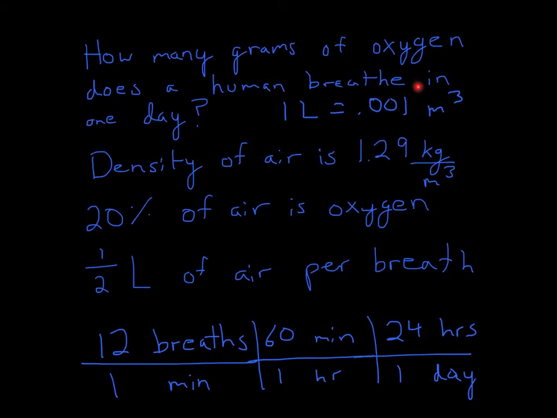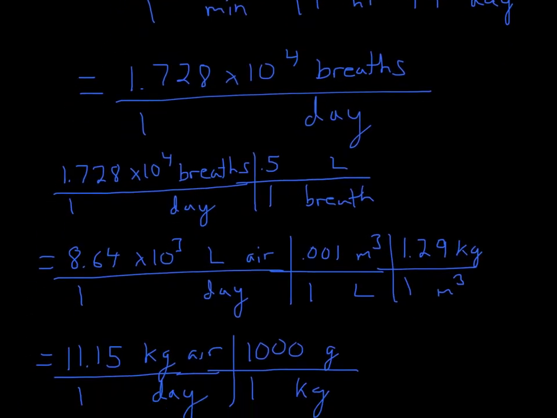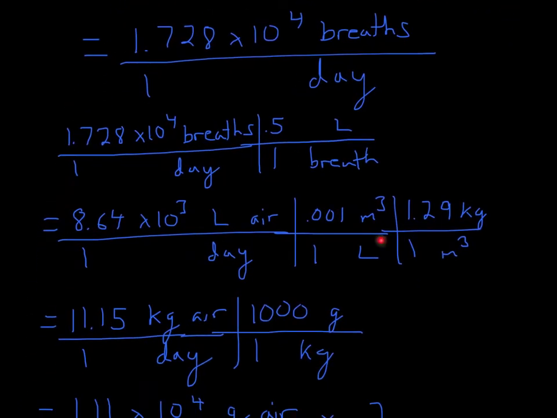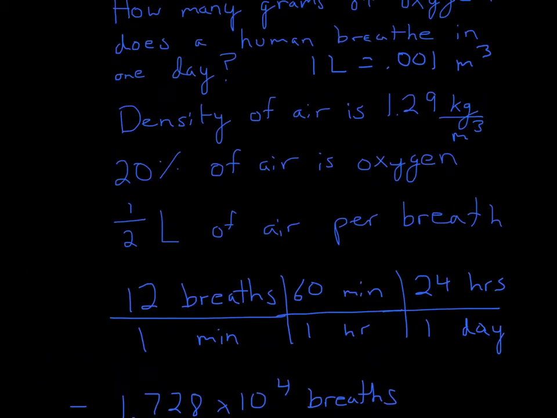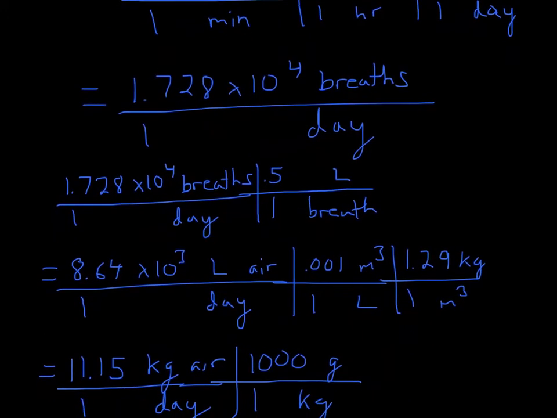Now we can use this conversion to get to this one. I plugged in 1 liter, so the diagonals match, so they cancel. 1 liter is equal to 0.001 m cubed, because that's the conversion here. So I used that conversion.